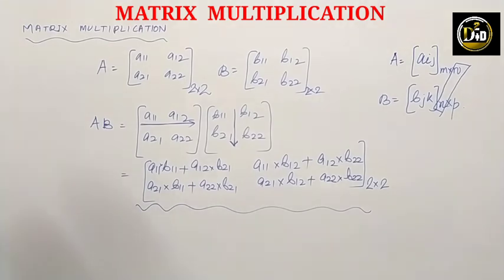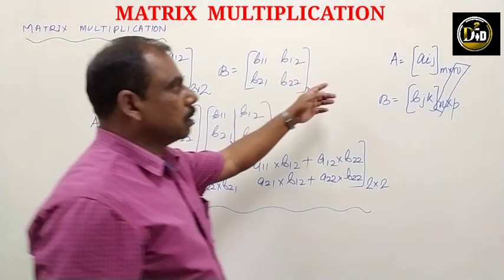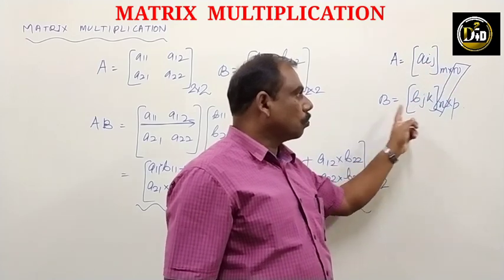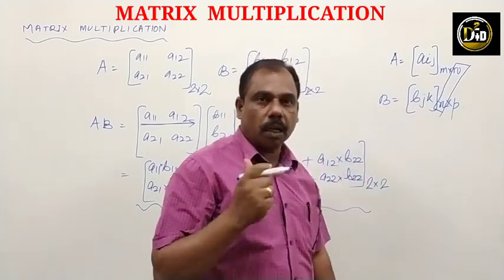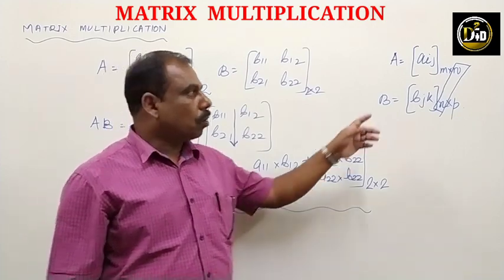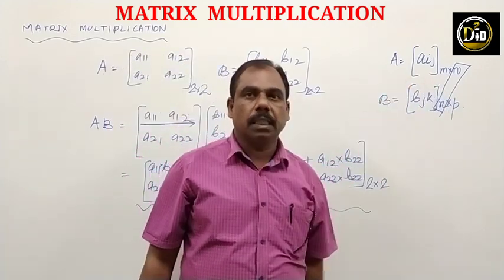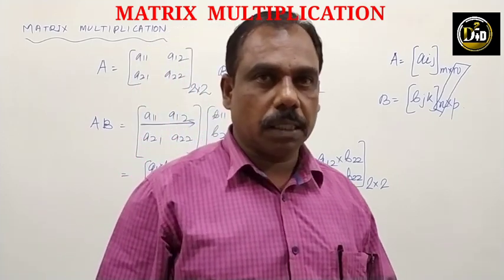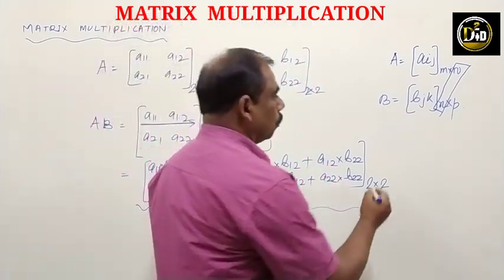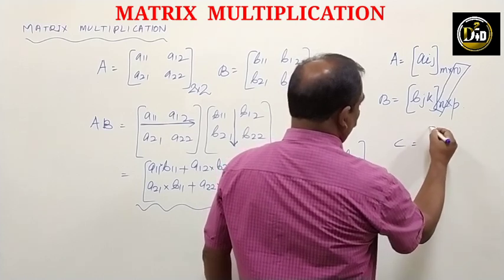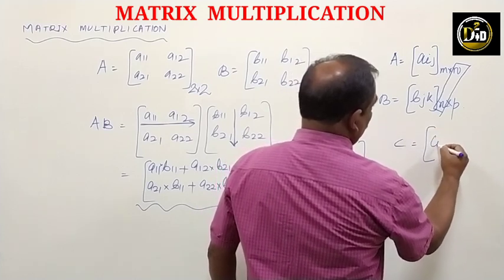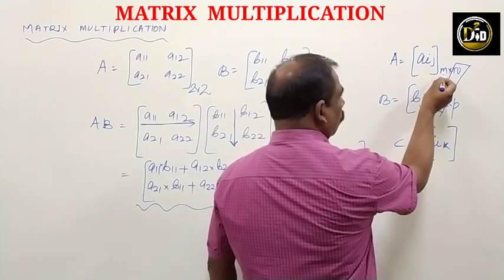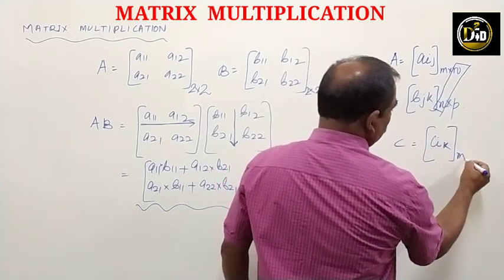So, if A into B is defined, A is of the form m by n and B is of the form n by p; in general, the number of columns of the first matrix is equal to the number of rows of the second matrix, and as a result, we get a matrix C equal to Cik, whose order will be m by p.